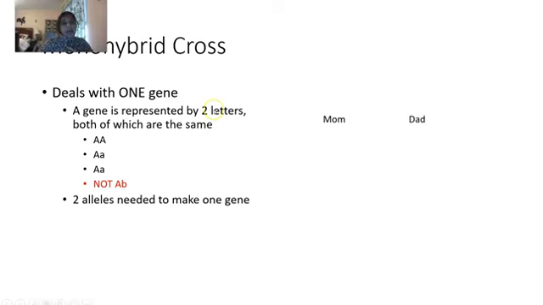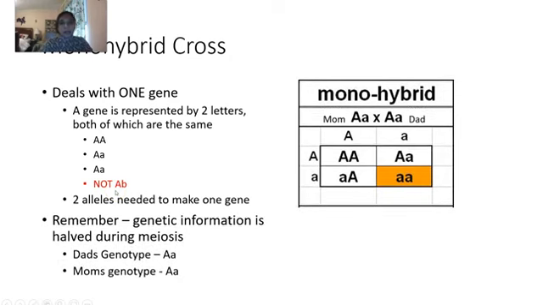When it is homozygous recessive, it's going to be depicted by lowercase a's. And when it's heterozygous, it will be a capital and a lowercase a, not A and B. So you're not giving different alleles different letters. It's the same letter, just capital or lowercase. You need those two alleles, obviously, to make that one gene. So here is a monohybrid cross.